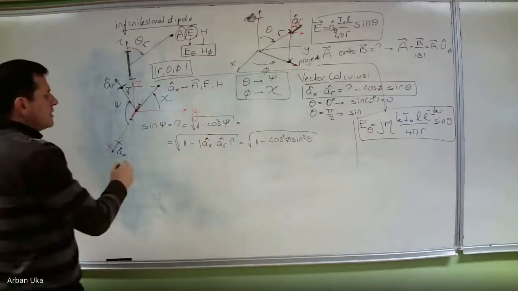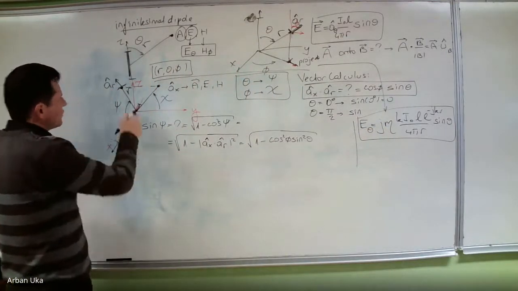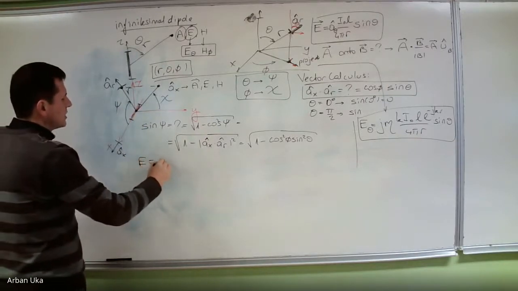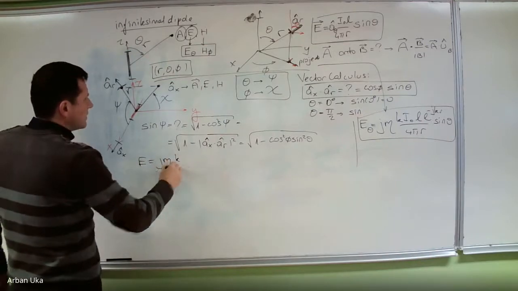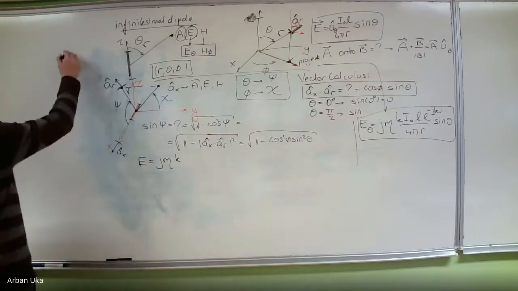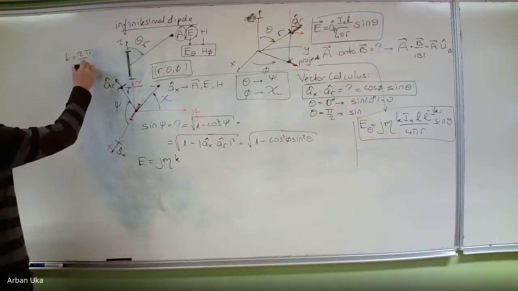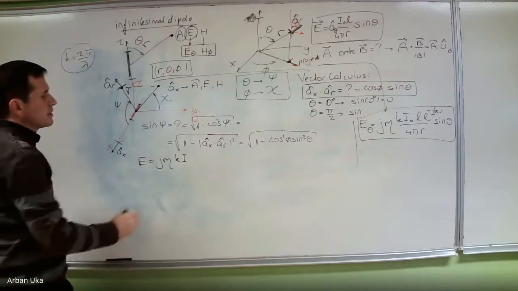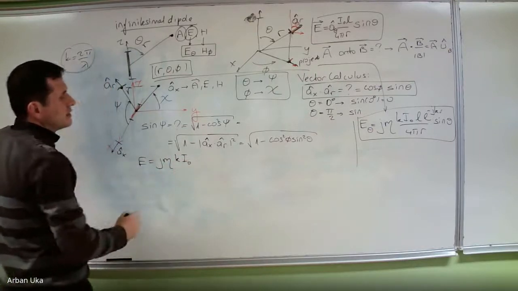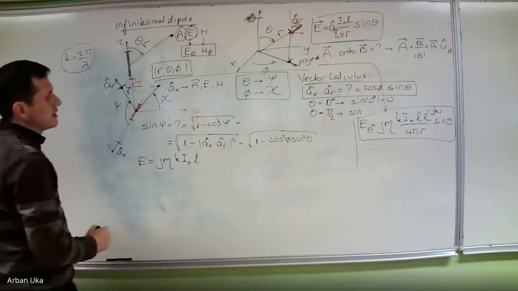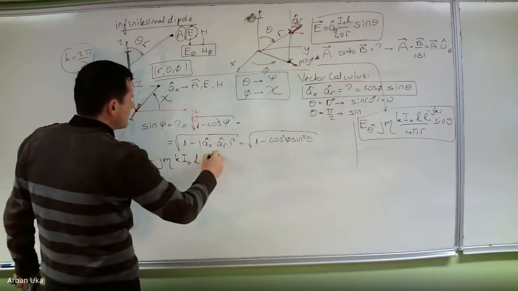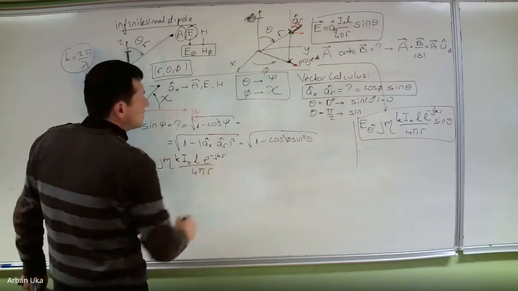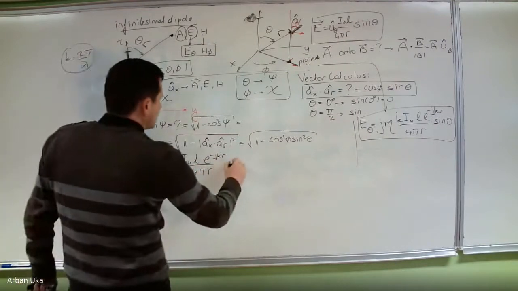But now, in this other domain, when the vector is pointing along the x-axis, this would be equal to j eta k. Let's not forget k is equal to 2 pi over lambda. The amplitude of the maximum current is I0, the length is L, and it's all the same: e to the power minus jkr divided by 4 pi r times sine phi.